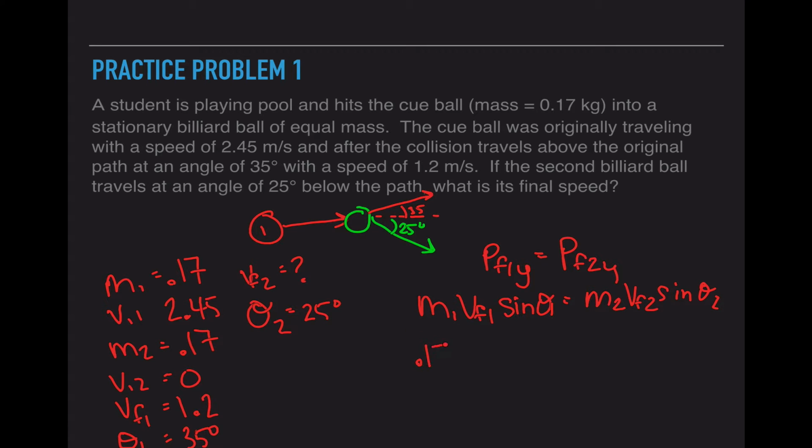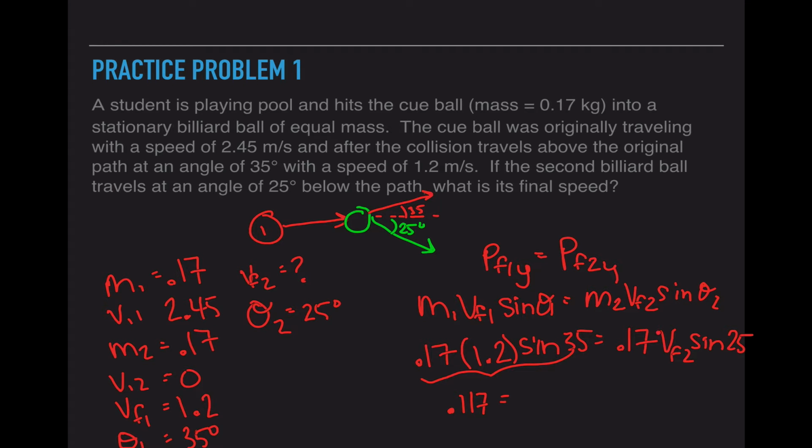So m1 is 0.17, vf1 is 1.2, sine 35. M2 is 0.17, we don't know vf2, but I know sine 25. If I multiply all of this first stuff together, I have a value of 0.117.